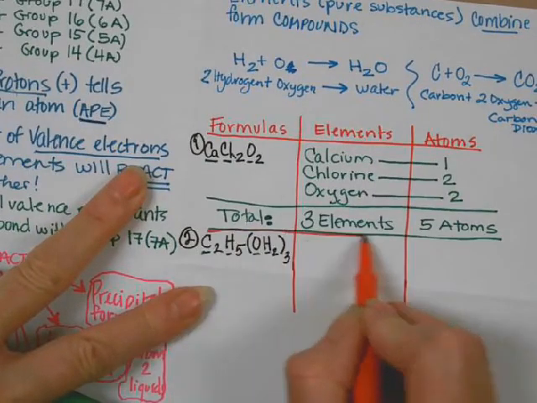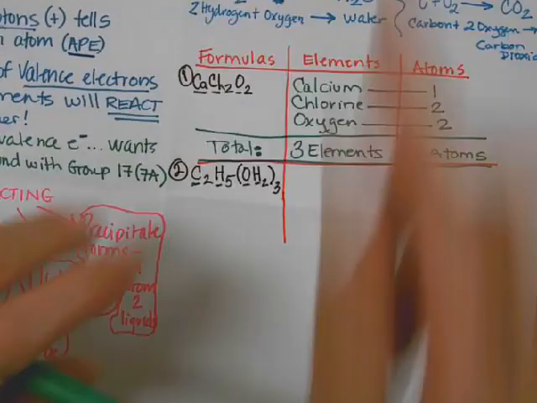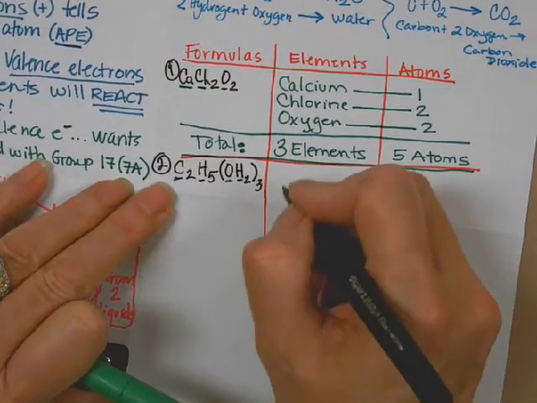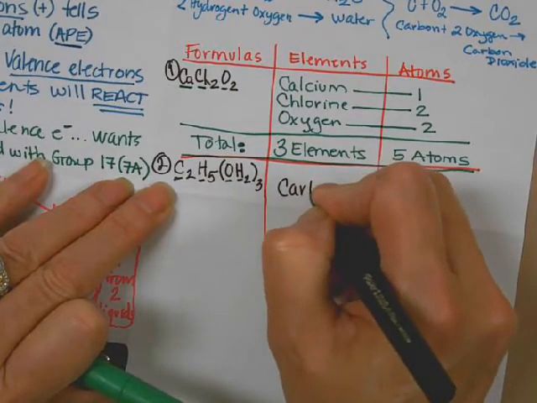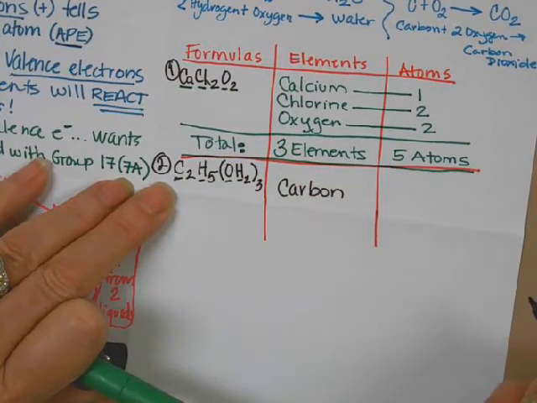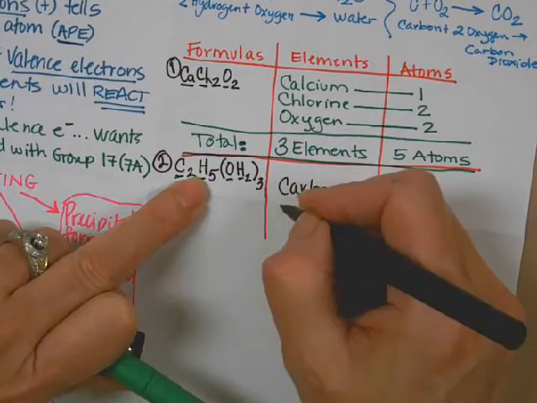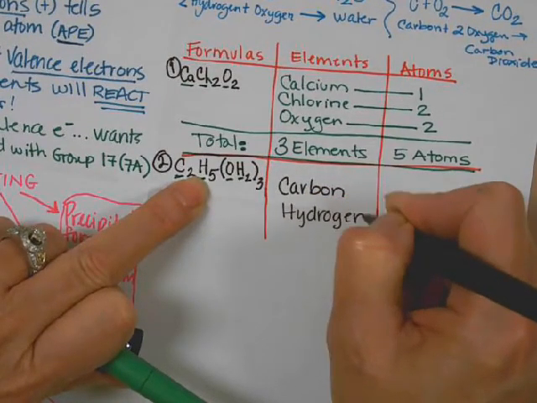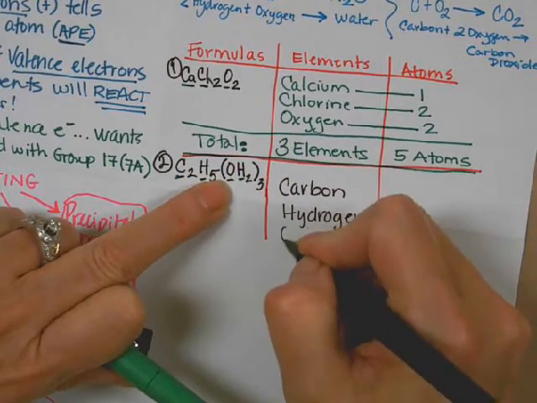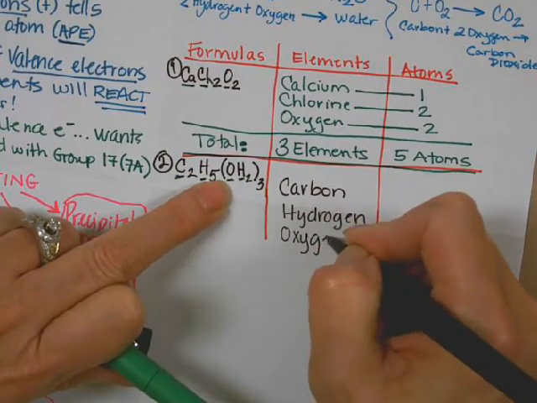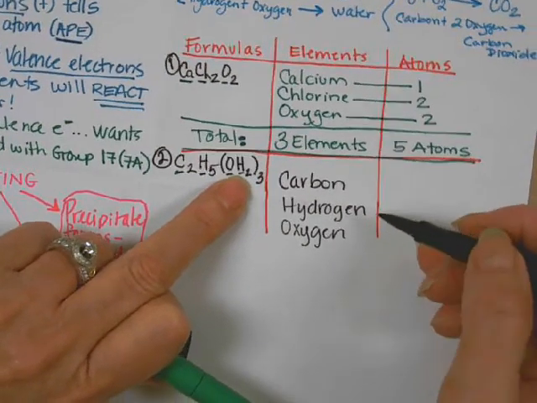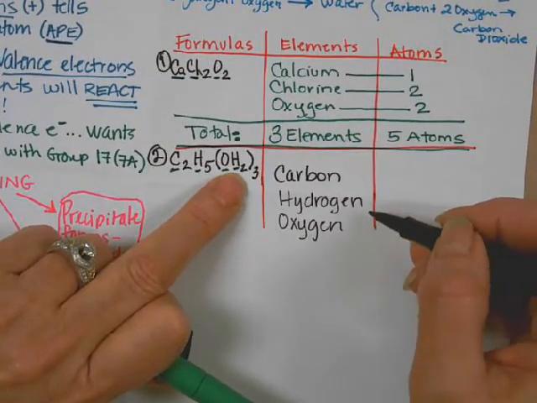So, let me make a line here so we know we got a new problem. All right, so there is C, that means there is carbon. There is hydrogen. And O means there's oxygen. And once again, I already have hydrogen listed. I do not list it twice, I only count it once.